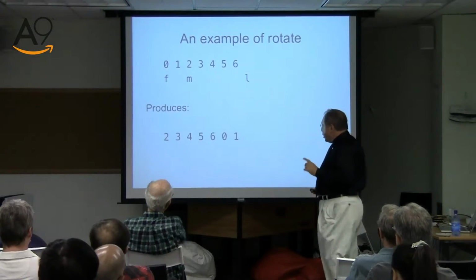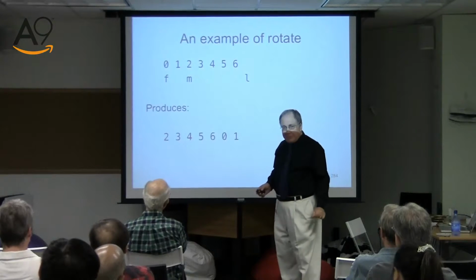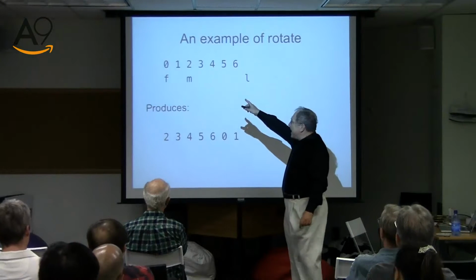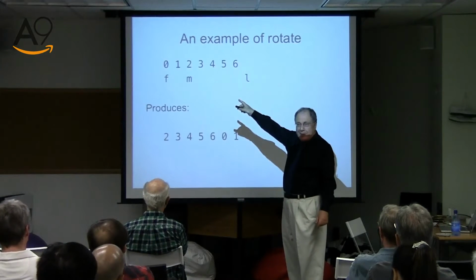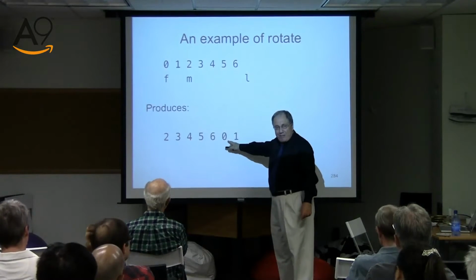And k is not equal to 2. K is equal to what? 5. By how much do we rotate? Where would the element 0 go? The element 0 goes to the 5th position. Remember, a permutation tells you where you go.